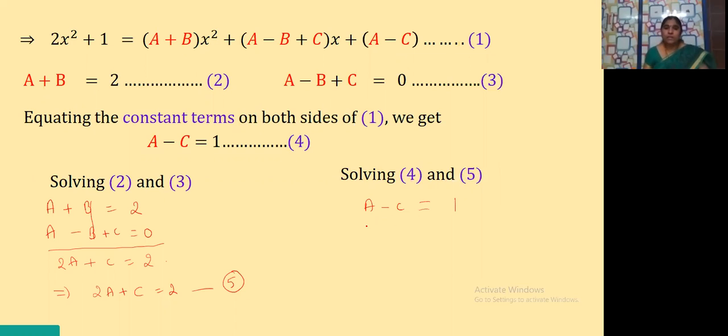Yes. What is equation number 5? 2a plus c is equal to 2. Yes. Now here we already have a minus c term and a plus c term. So a plus 2a is how much? 3a is equal to 2 plus 1, which is 3. This implies a is equal to 3 divided by 3, that is, a is equal to 1 we got.